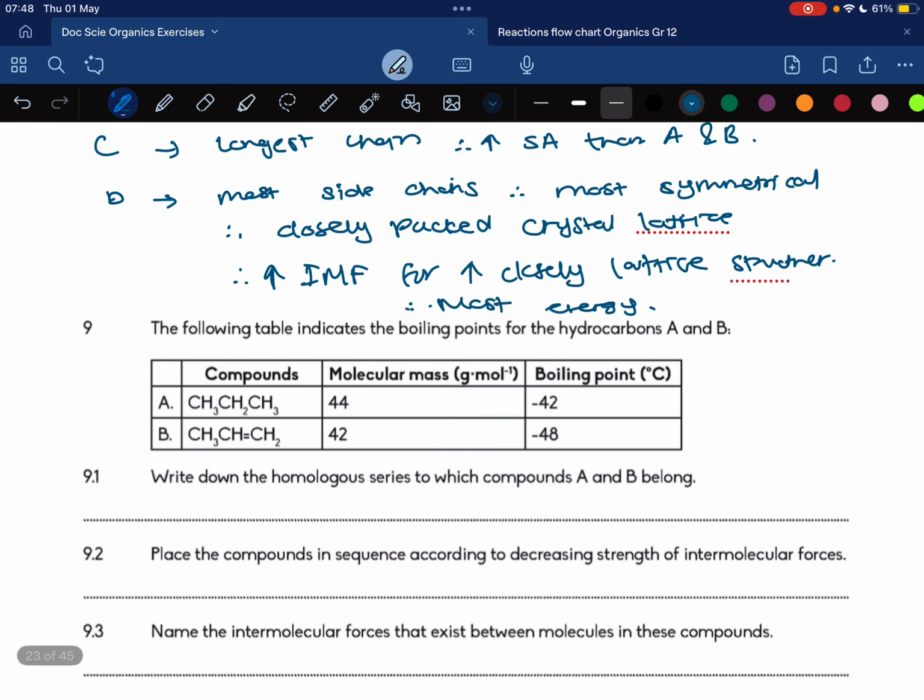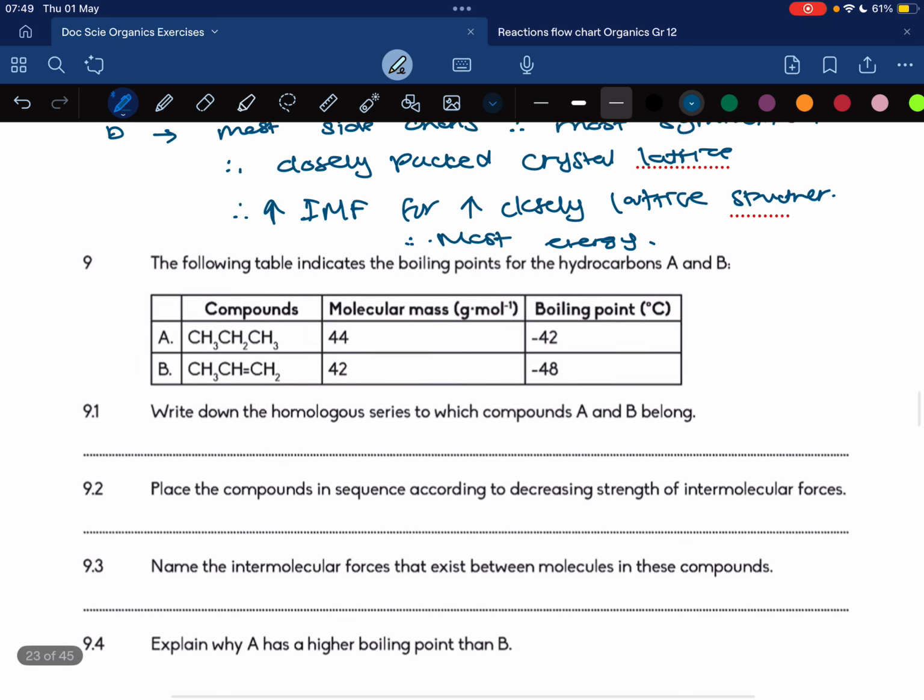Okay, then number 9 gives you the two compounds. It asks you now for boiling points of the hydrocarbons A and B. So it first says write down the homologous series which A and B belong to. So we can see that A is an alkane, and we can see B is an alkene.